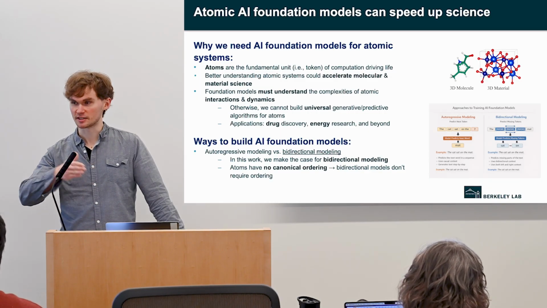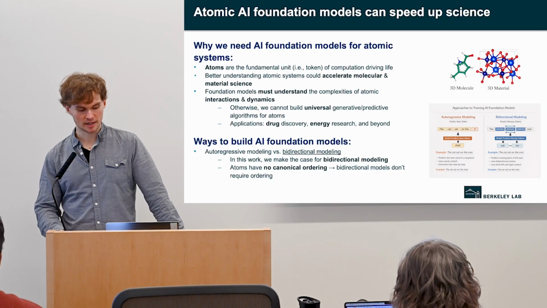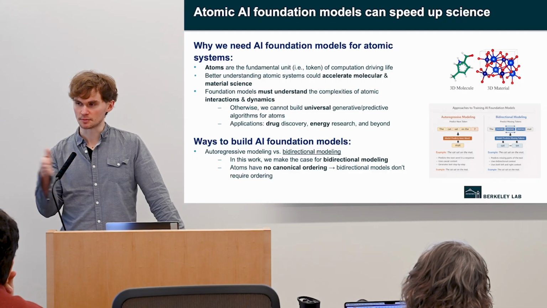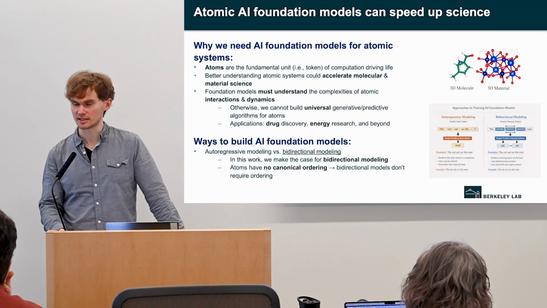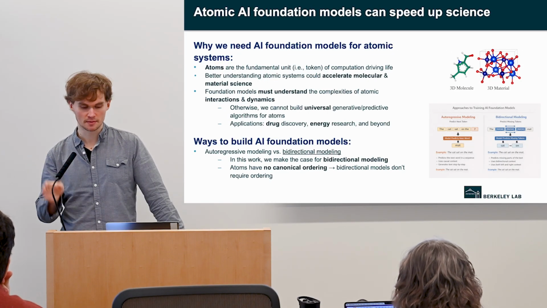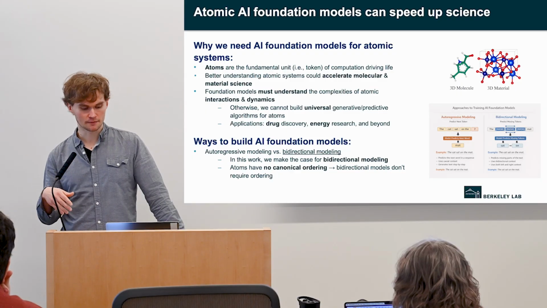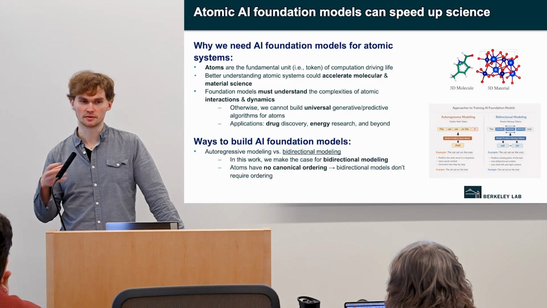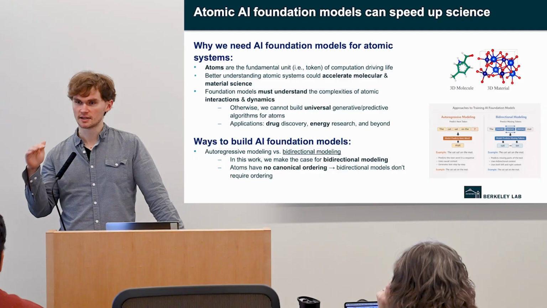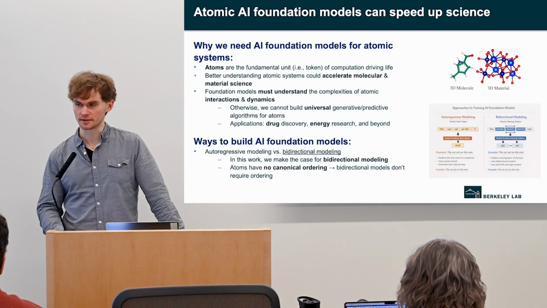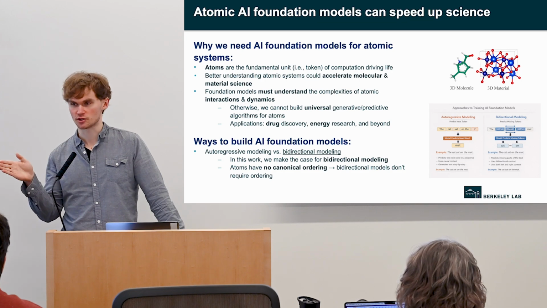With autoregressive models, you're just predicting one token after the other, and bidirectional models means you can corrupt some tokens in, for example, sentences, and ask the model to predict back missing words in the sentence at any position. So it doesn't assume any kind of ordering when you're doing this bidirectional modeling. And for scientific applications, we're going to argue that that's really important, that we don't want to assume that there's a specific canonical ordering of atoms in these molecular or material systems. So we lean towards bidirectional models in this work.